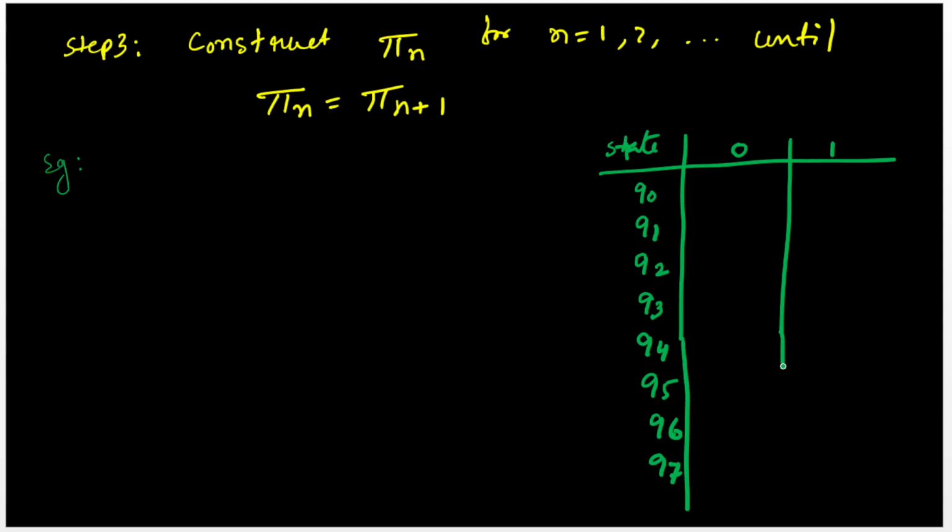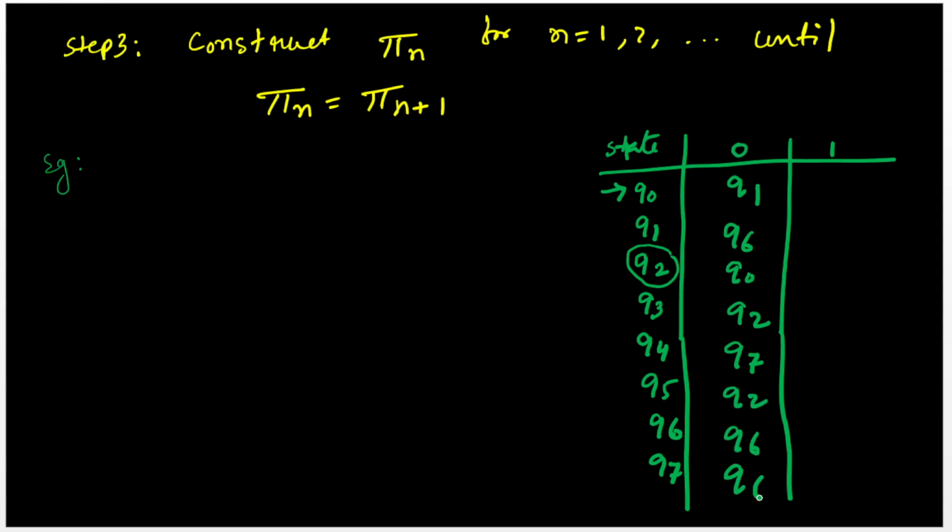This is the initial state and q2 is the final state. By taking 0 from q0, it will be q1, then q6, q0, q2, q7, q2, q6 and q6.